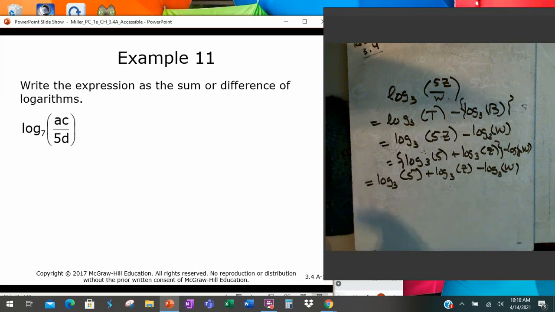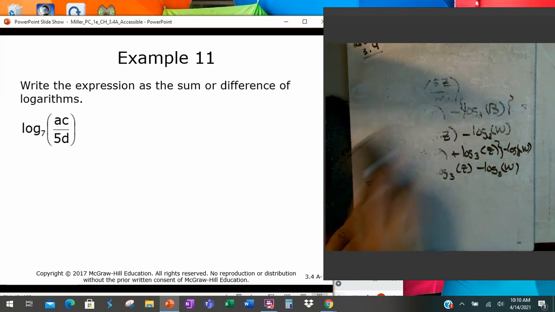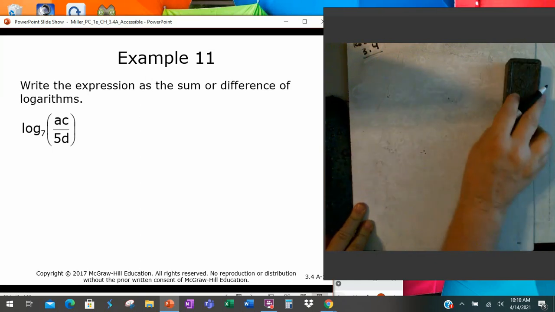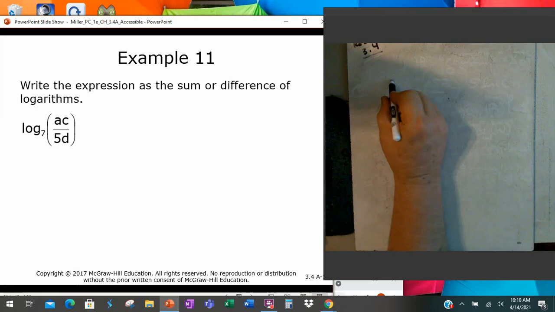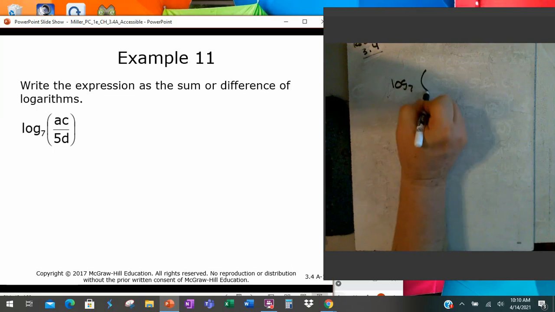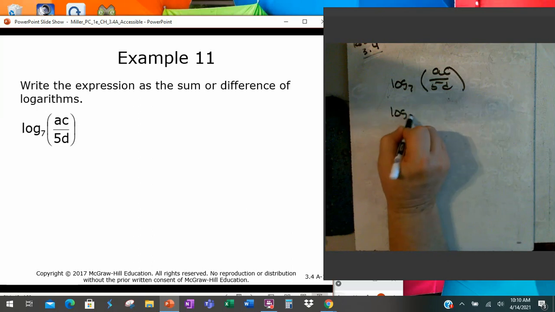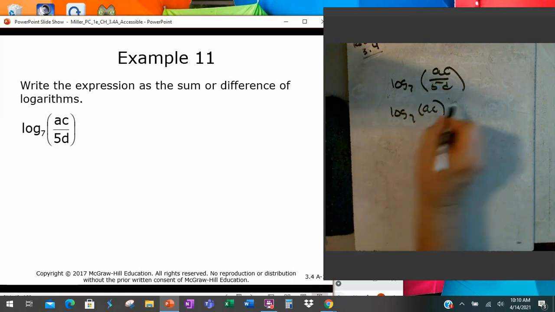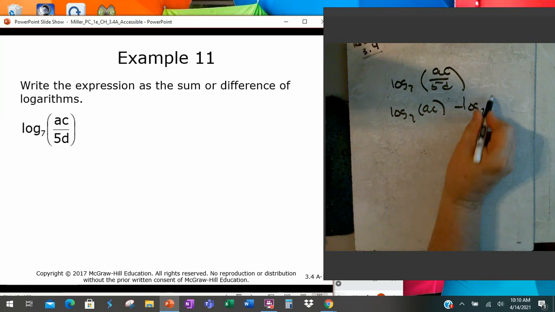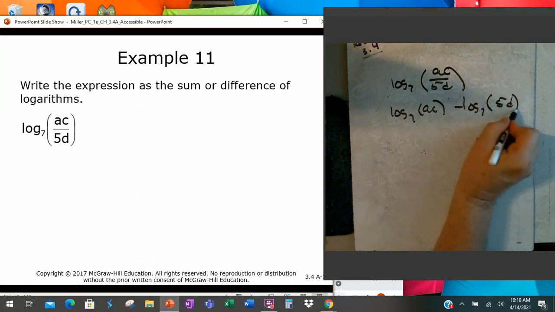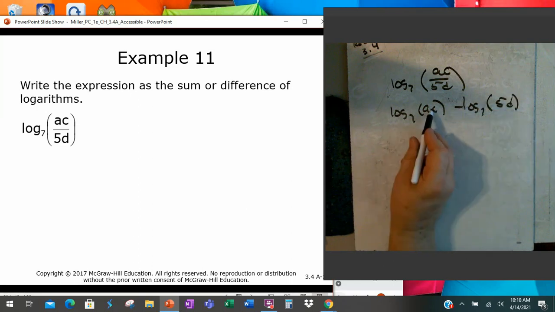Here's another one with multiplication in both the top and the bottom. Log of the top minus the log of the bottom. Now the multiplication in the top goes to addition.